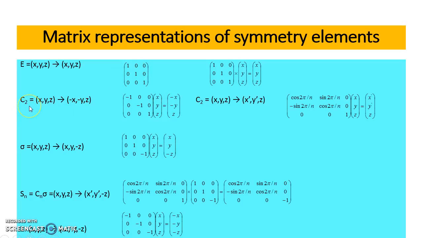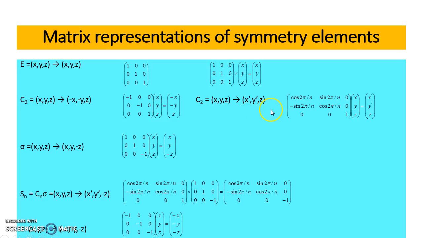In the case of rotation by 180 degrees, we have x, y, z being changed to minus x, minus y, z if the rotation is about the z-axis, and hence the change in x and y can be denoted by a simple matrix of the order 3 by 3, which has minus 1 value corresponding to the x and y coordinate values.